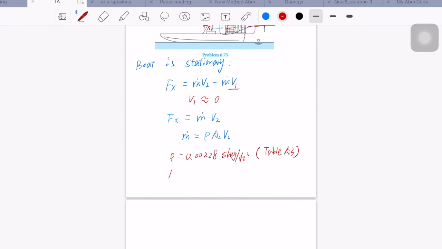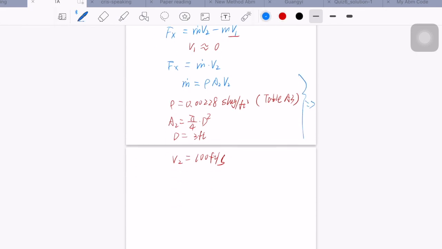And we know that A2 should be equal to the pi over 4 times d squared, and we know that d is 3 feet. And we also know the V2 equals 100 feet per second. So we can determine that the m dot should be equal to 1.612 slug per second.